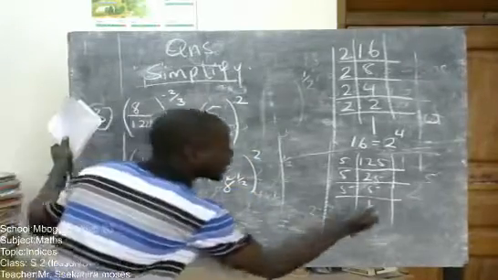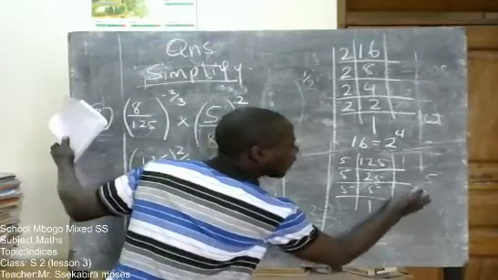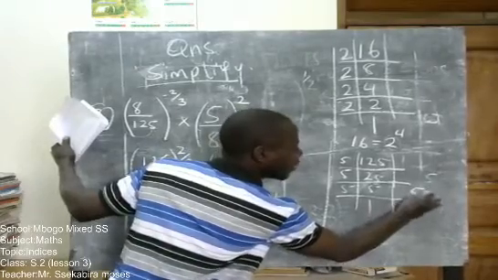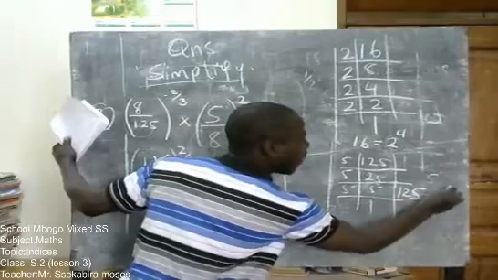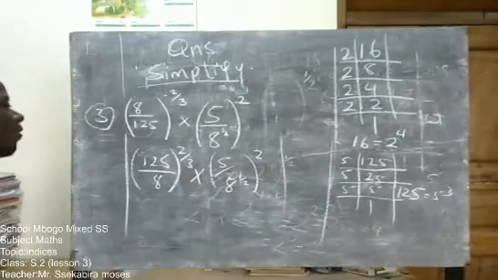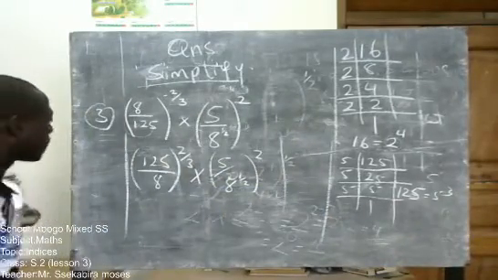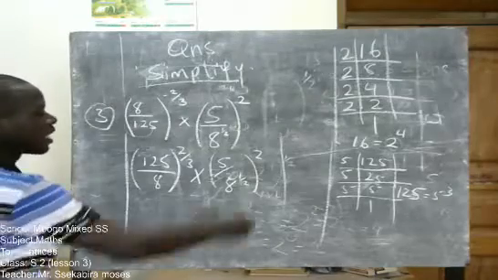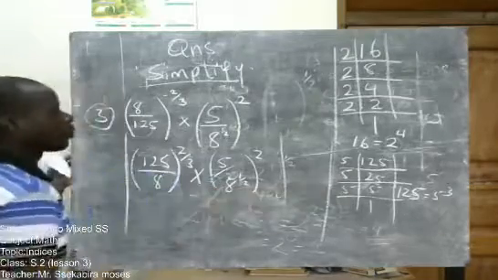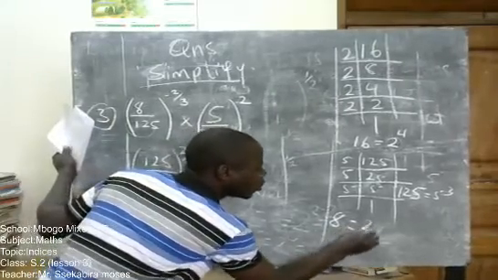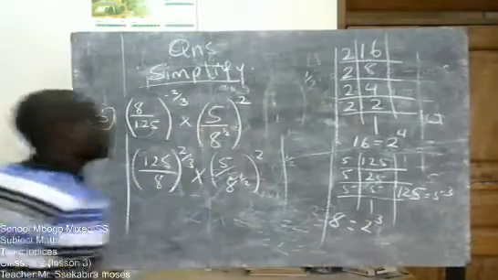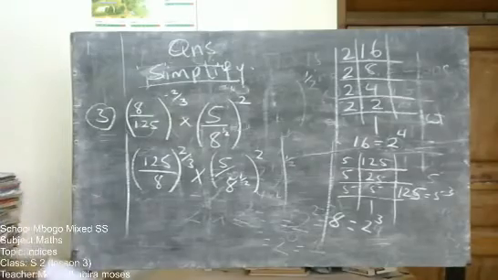It implies that 125 is equal to 5 to power 3. Using the same approach, you are going to find that 8 is equal to 2 to power 3.